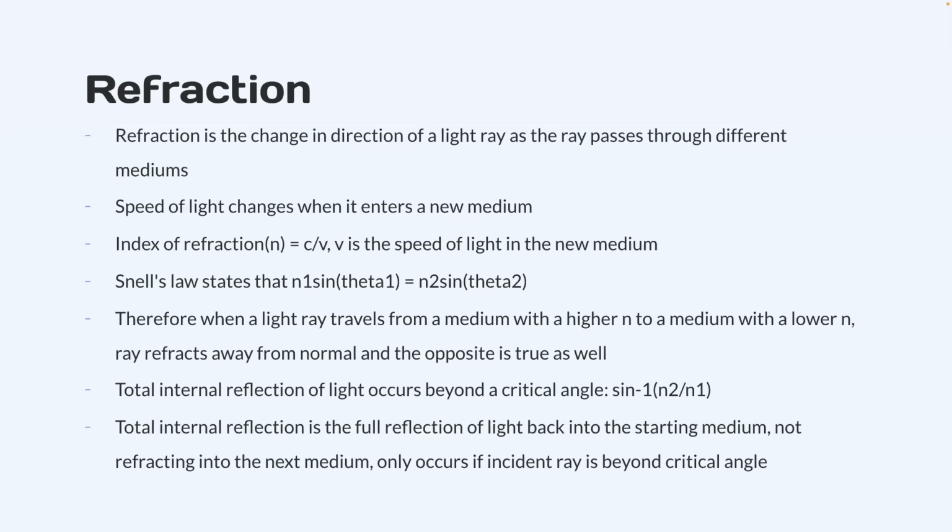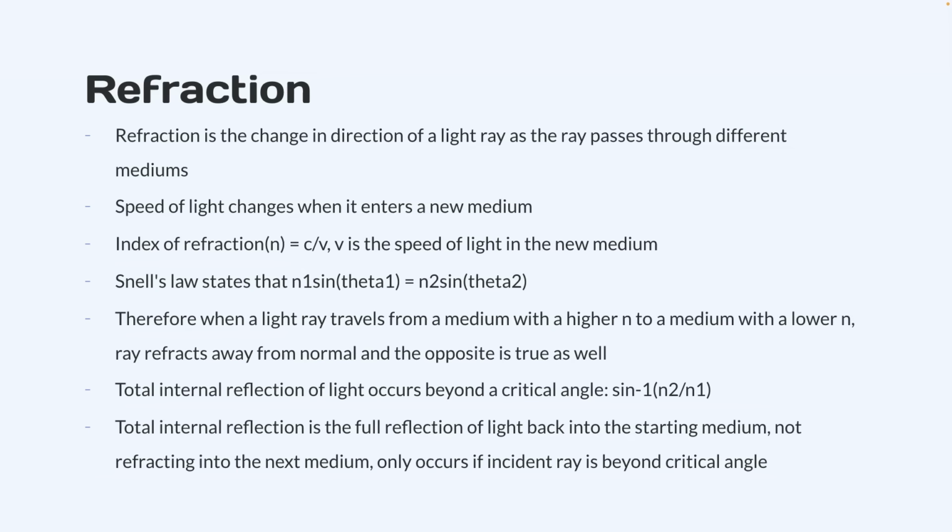Refraction refers to the change in direction of a light ray as the ray passes through different mediums. The speed of the light ray will change as it enters a new medium. And the index of refraction, c over v, where v is the speed of the light in the new medium, is used to compare how fast light travels in different mediums.